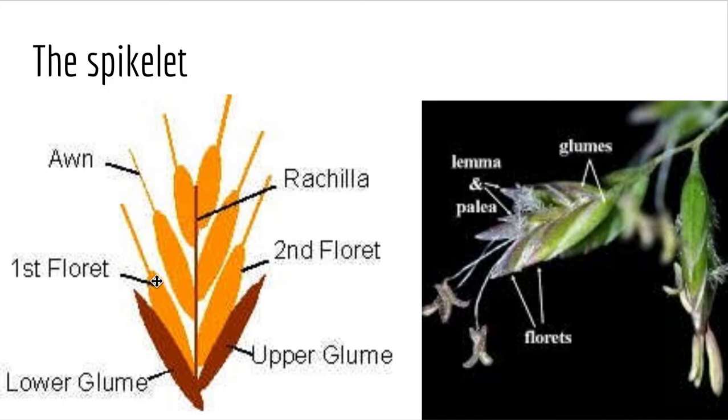These external parts are called lemmas. So lemmas are external, on the outside of the spikelet. And then you have the inside, the internal, which are called the palea, which is right here. And then off from the palea again is the awn. So palea, internal; lemma, external.